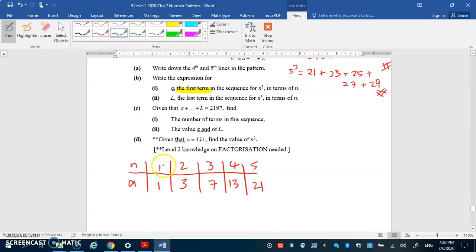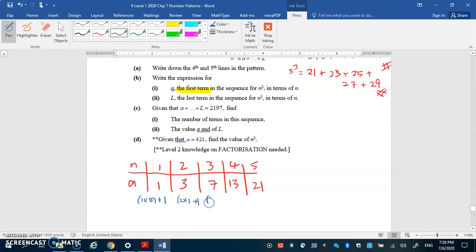Okay, do you see that if you take 1 and multiply by the previous number, which is 0, and you add 1, you will get 1. For n equals 2, if you take 2, multiply by the previous number, which is 1, and add 1, you will get 3.